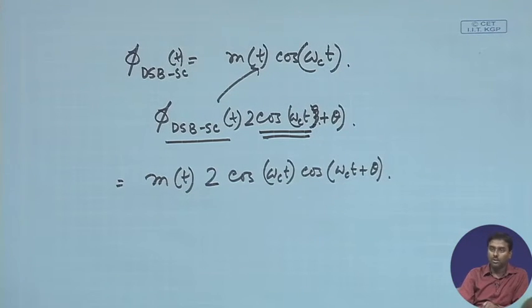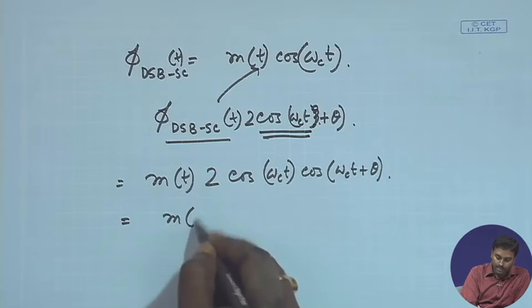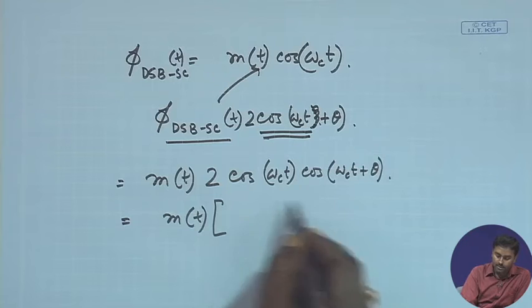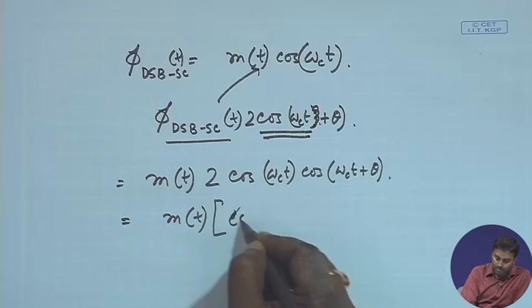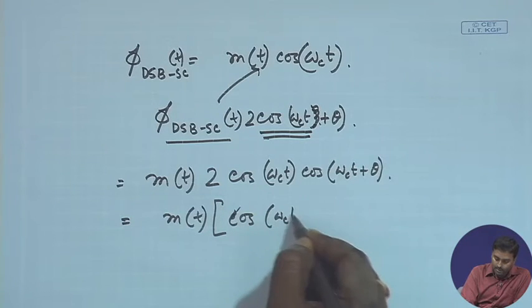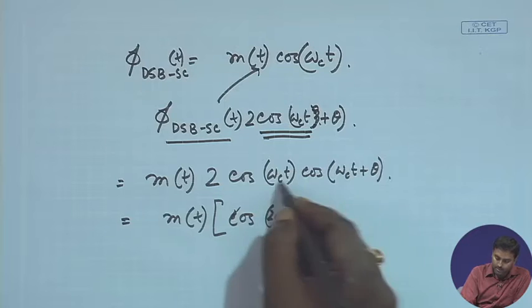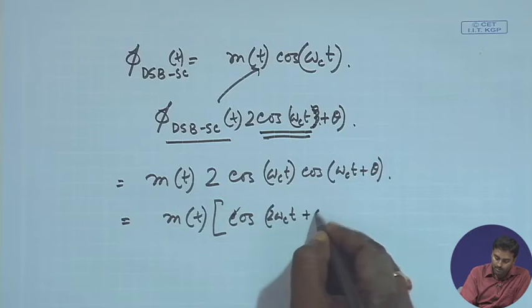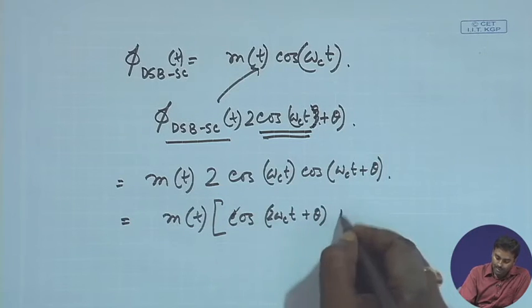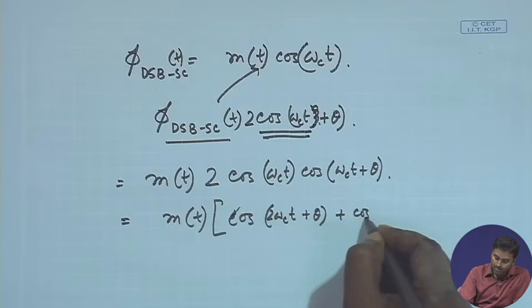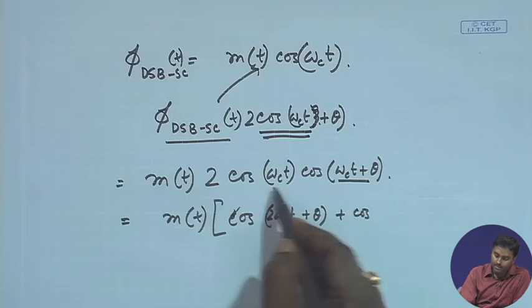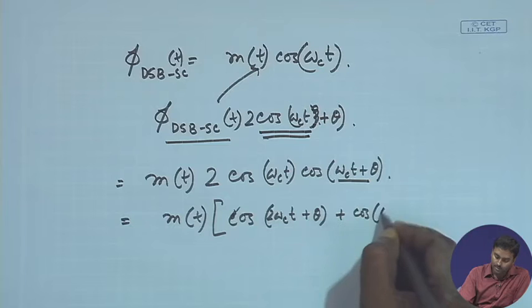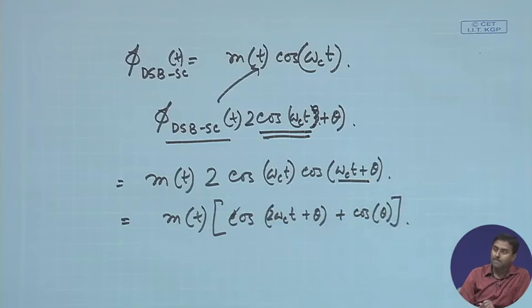So, that is 2 cos A cos B, so it should be cos(A plus B) plus cos(A minus B). Okay. So, I can immediately write m(t) times cos(2 omega_c t plus theta), plus cos(omega_c t plus theta minus omega_c t). So, that should be theta, right.